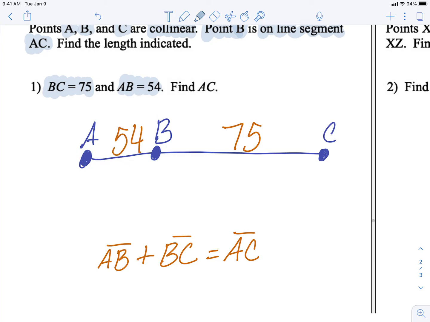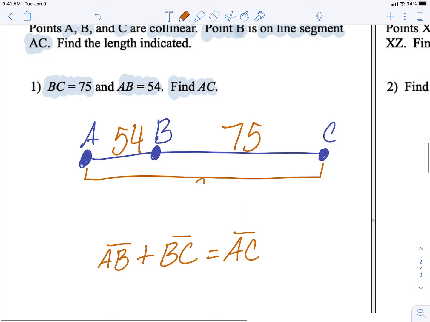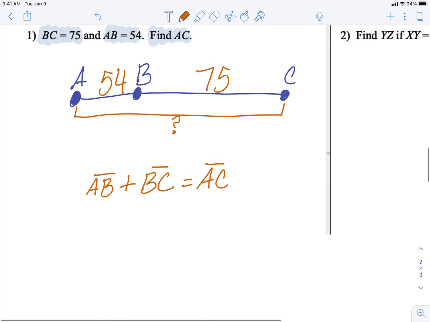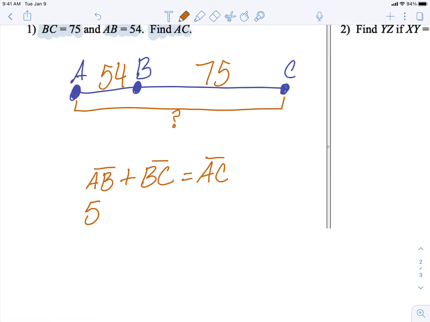Find AC. Find A to C. We don't know what it is. So let's fill in our information. A to B is 54 plus B to C is 75. That means A to C, I don't know what it is.